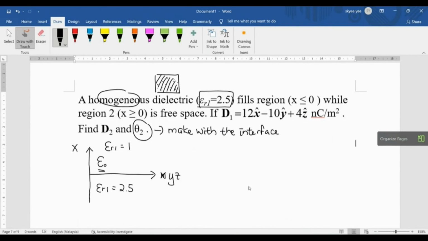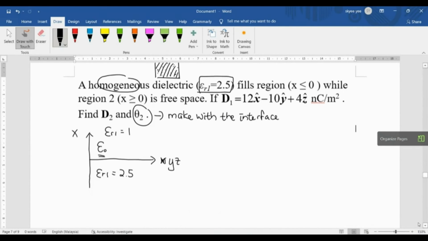So what should we start with? We should start by analyzing this, because we are going to break it into tangential component and normal component.